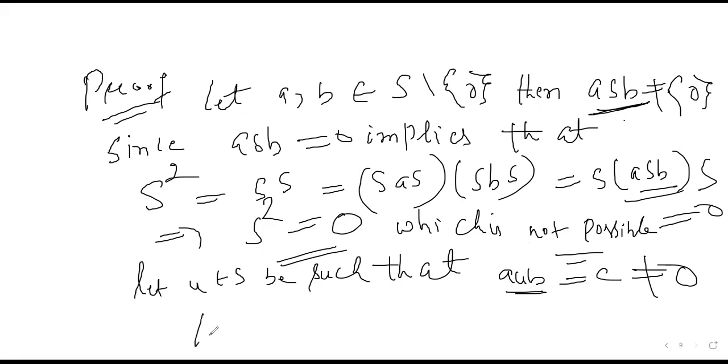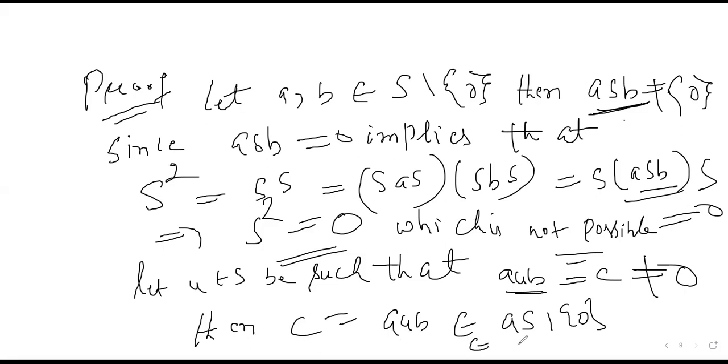Then C is AUB. Now AUB belongs to AS minus 0, and it also belongs to SB minus 0, because from this side it is an element of AS type, and from the other side it is an element of SB type. So it belongs to AS minus 0 and SB minus 0.